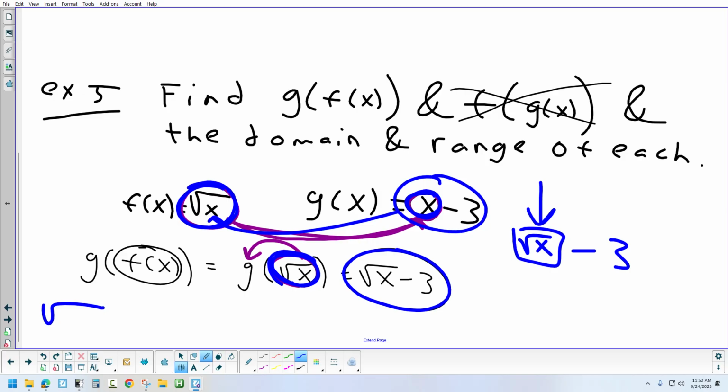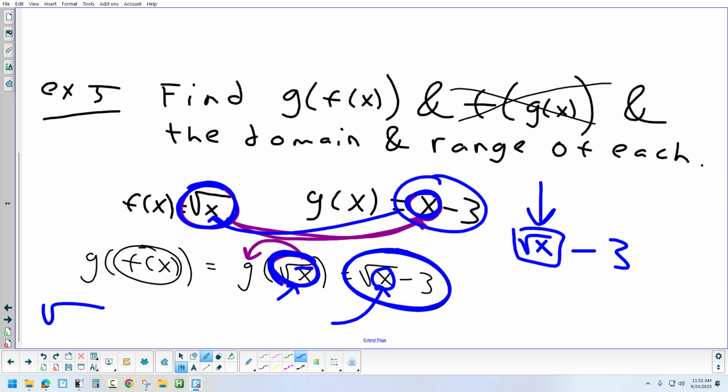So when you look at this, you're asking yourself, what are you allowed to fill in right there. That's the domain. What numbers are you allowed to fill in for that x? Yep. x is greater than or equal to 0. It's exactly the same as the inside function.